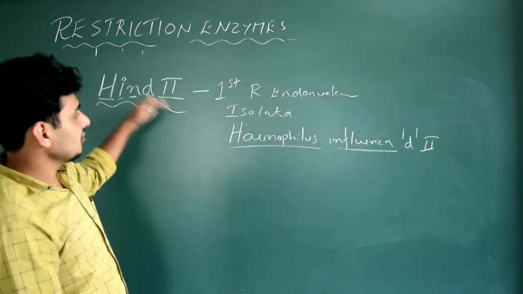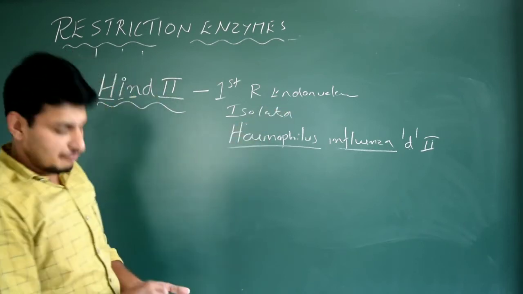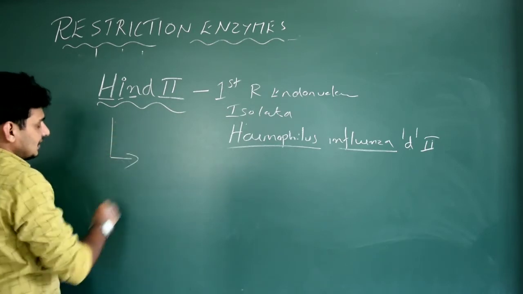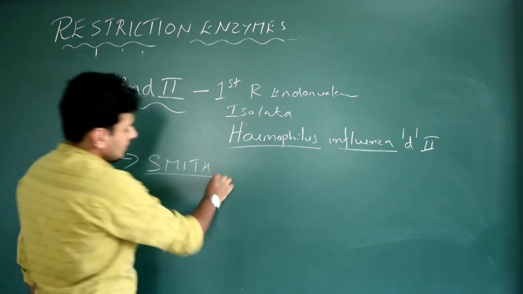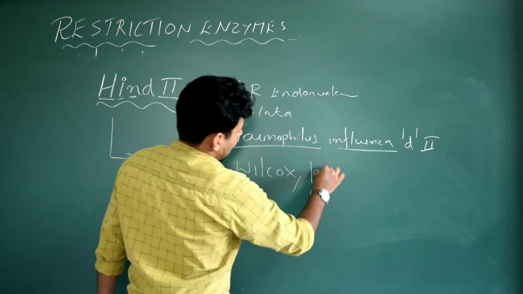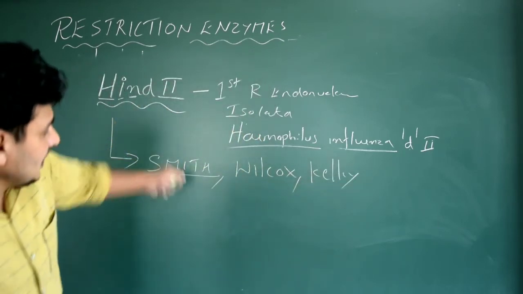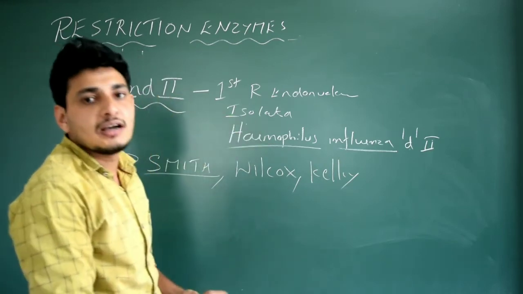It was the first restriction endonuclease extracted from Haemophilus influenzae. By whom? Scientist names, please note: Smith, Wilcox, and the third scientist is Kelly. So three scientists isolated HindII from this bacteria.